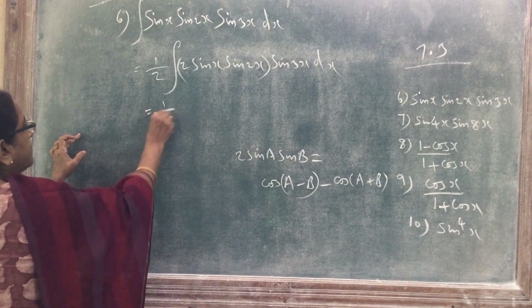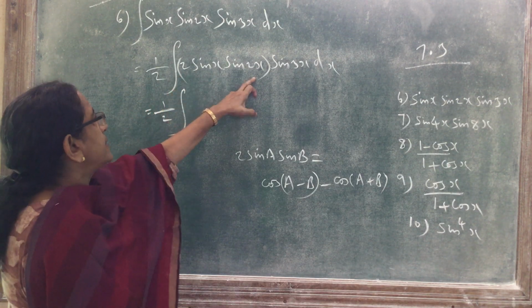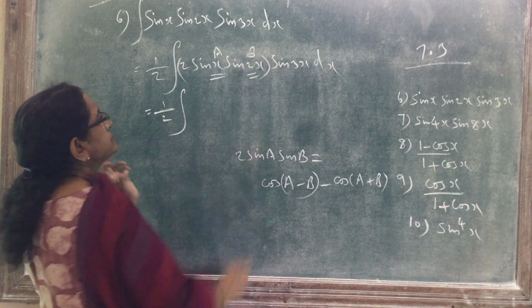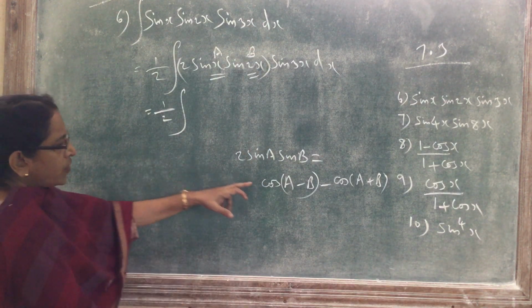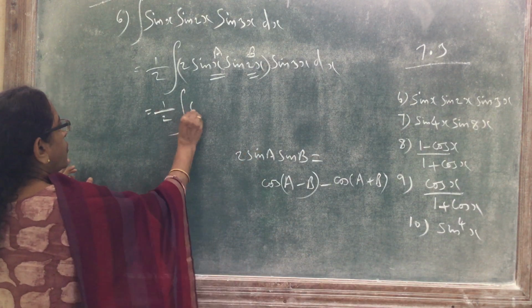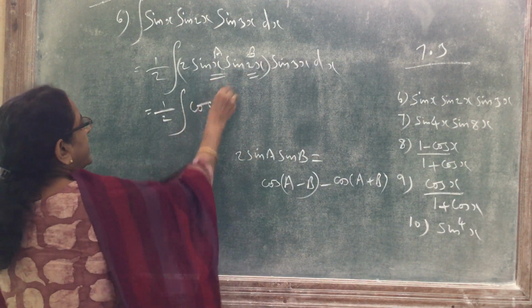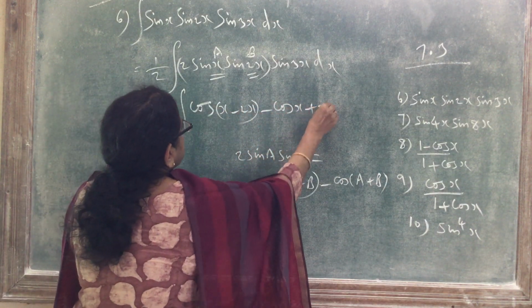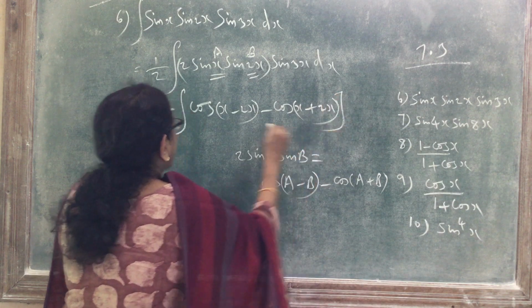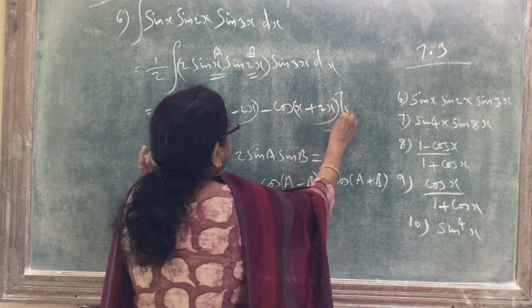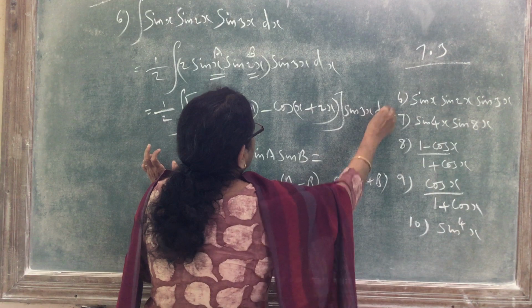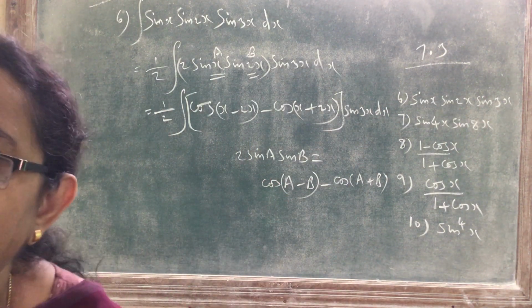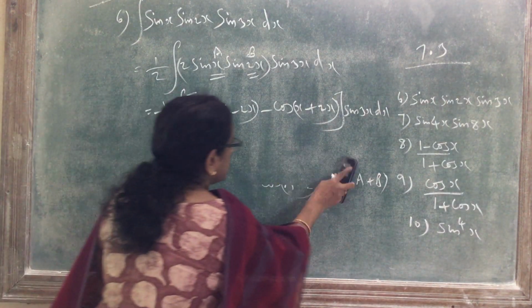So that is equal to 1 by 2 into integral 2 sin a sin b, where a is x and b is 2x. So apply the formula cos(a minus b) minus cos(a plus b): cos(x minus 2x) minus cos(x plus 2x), then in brackets, there is one more term sin 3x dx. Now simplify and write.